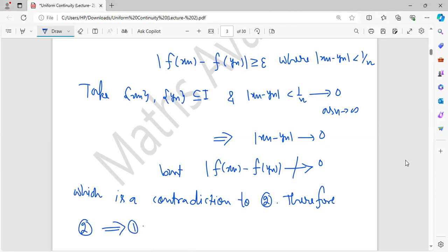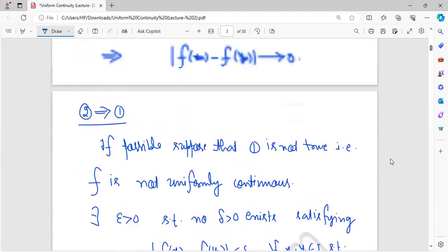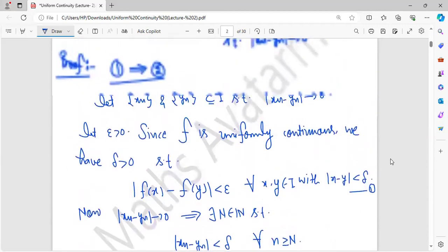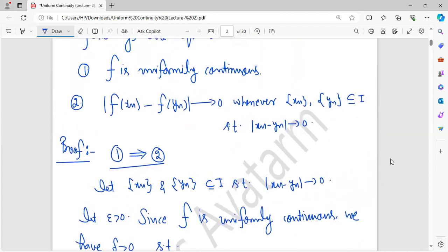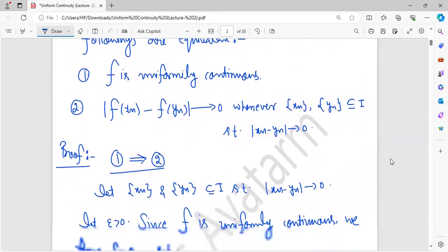Okay. So why are we proving this theorem? We are proving this theorem because we want to give examples of some functions which are continuous functions, but they are not uniformly continuous functions.